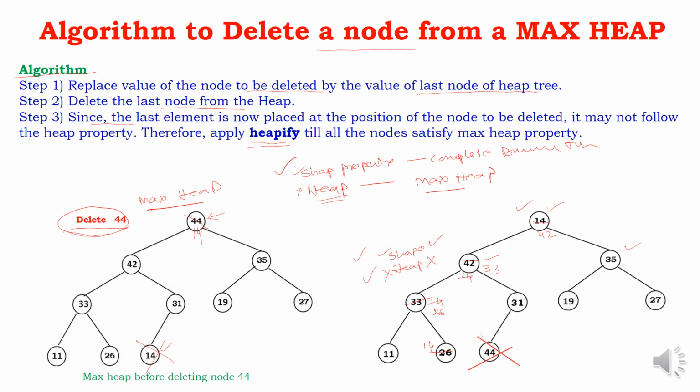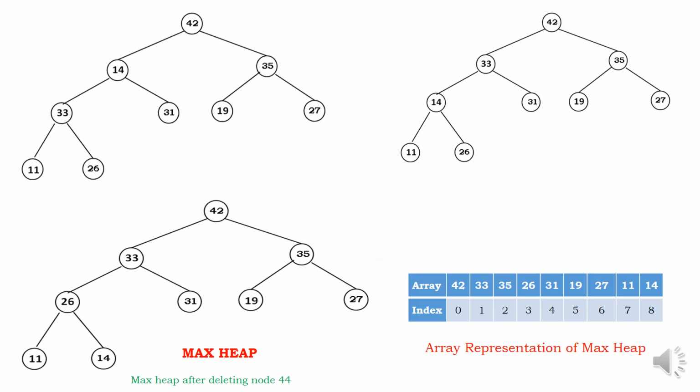Clearly see here, 42 and 14 are interchanged, then 14 and 33 are interchanged, then 14 and 26 are interchanged. Finally, you have got a heap where it is a max heap.